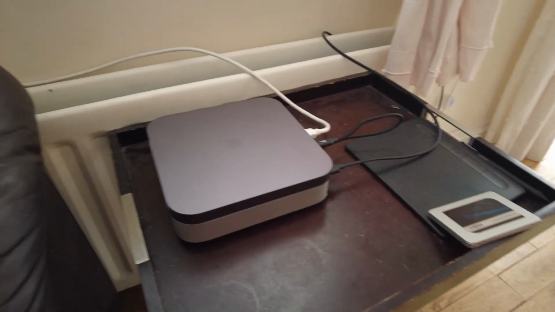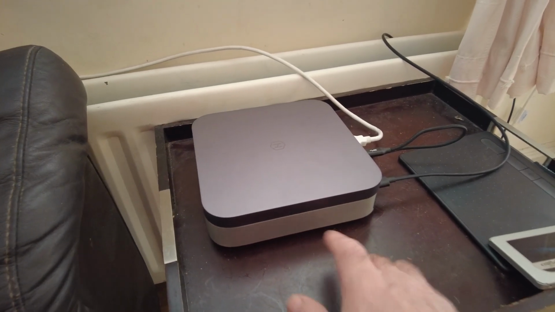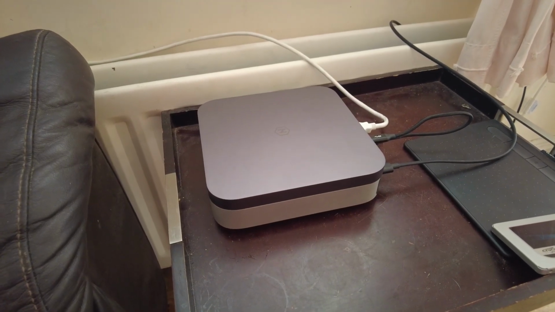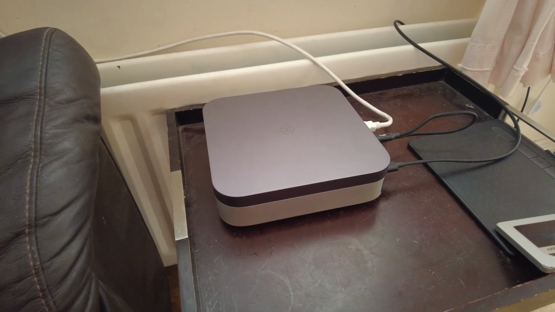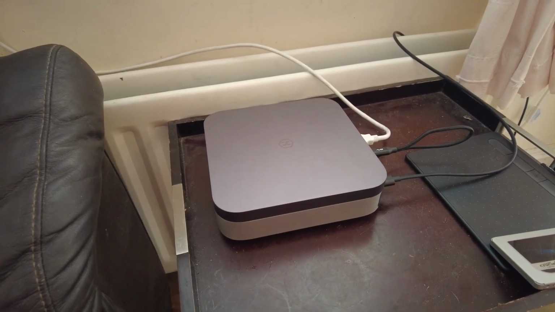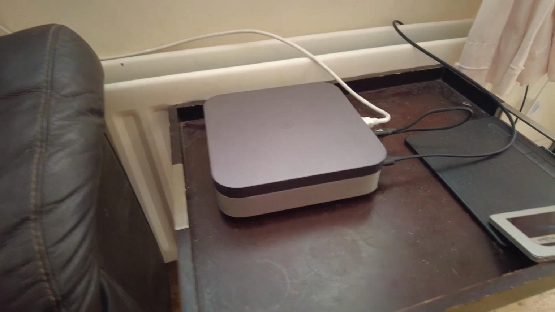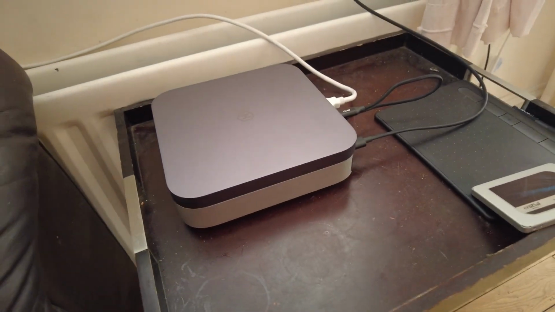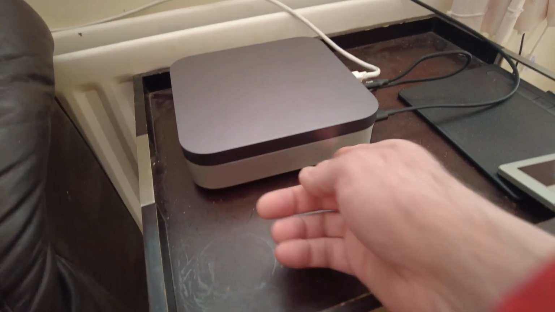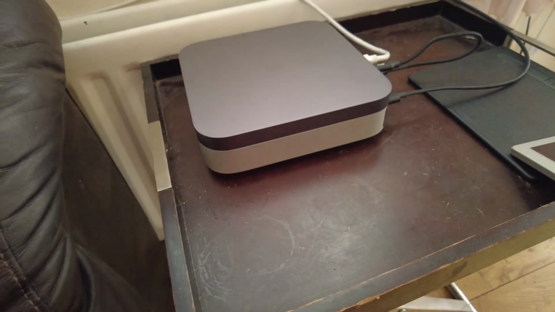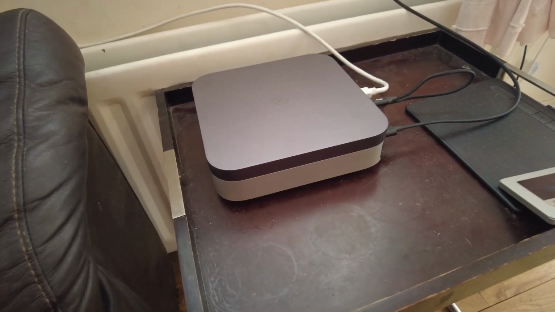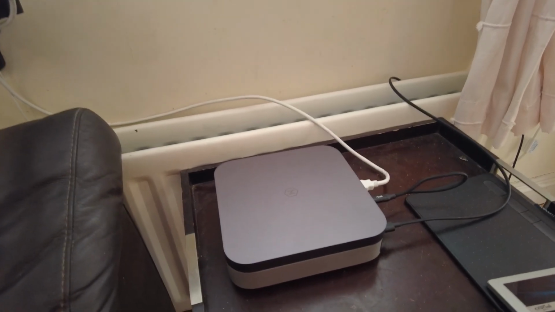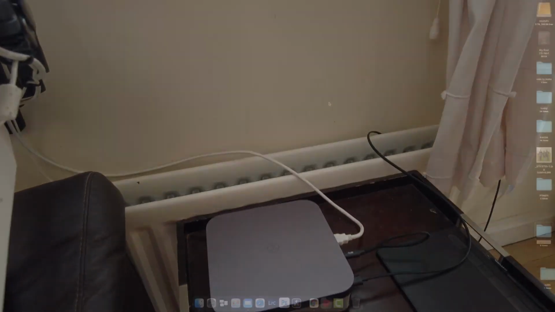But as you probably noticed in the video I did the other day, the internal SSD in the Mac Mini can read and write at up to nearly 3 gigabytes per second, which is between 4.5 and 6 times as fast as I can read and write to one of these. So I don't expect the performance of this drive to be at the same level as the internal disk. I use the word disk, but they're not really disks anymore, they're essentially memory chips. Anyway, let's switch across to screen capture and see how we get on.